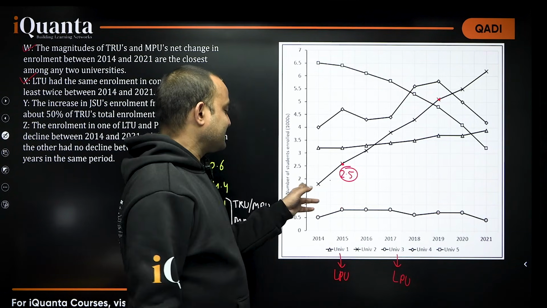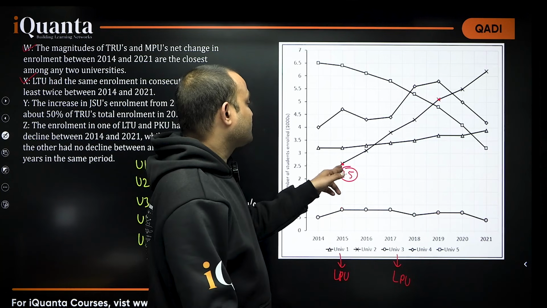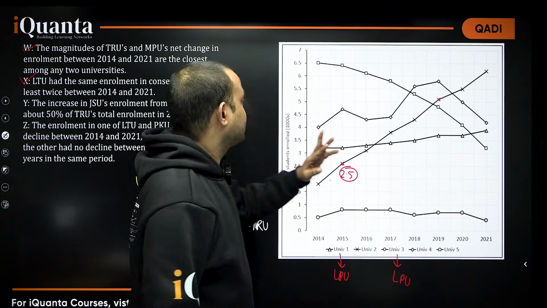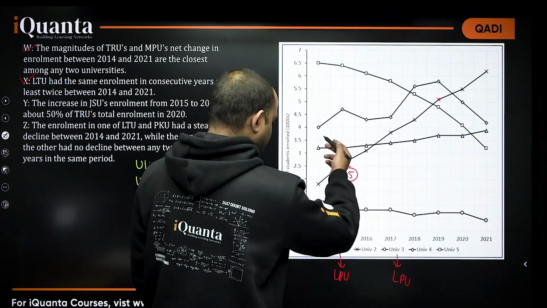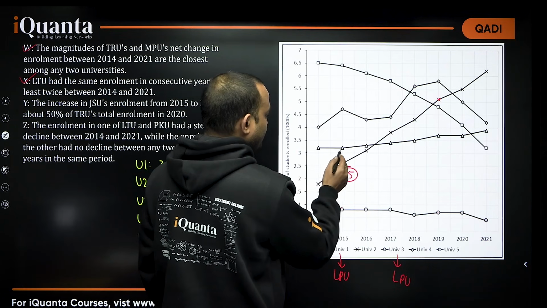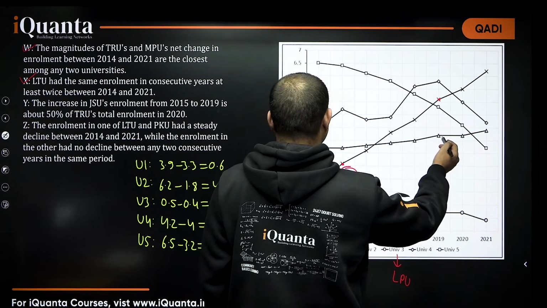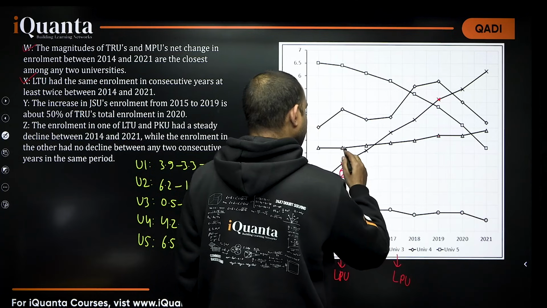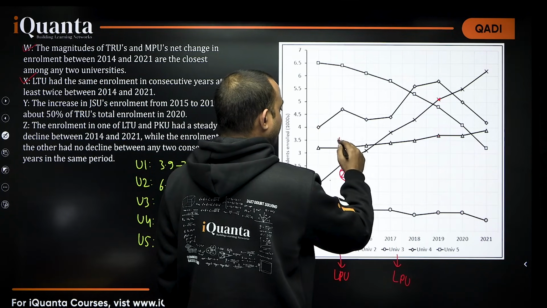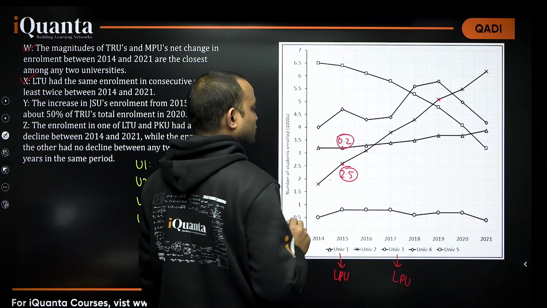This is the change in case of University 2 from 2015 to 19, the increase. And in case of University 4 in 2015, this is 3.2, and in 2019, this is 3.7. So the change is 0.2.